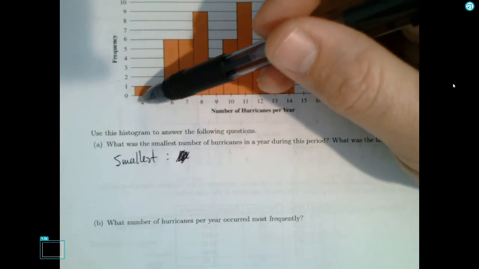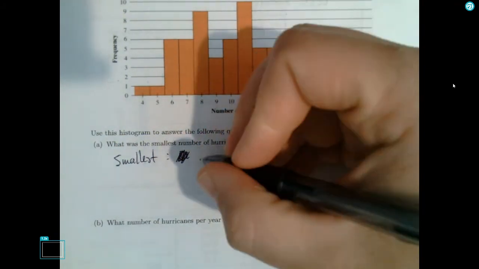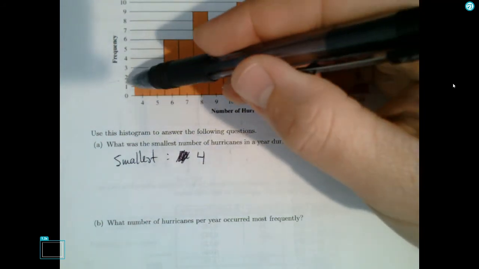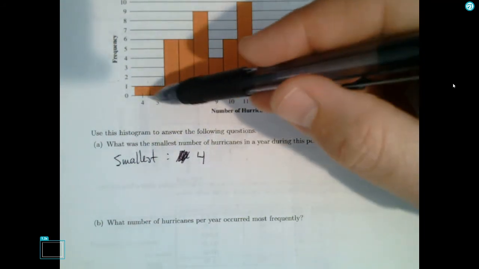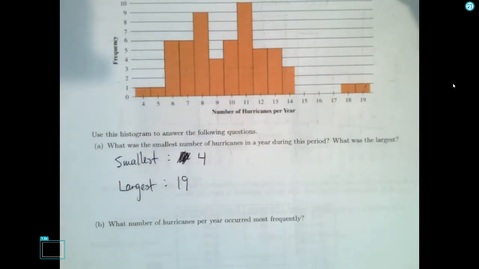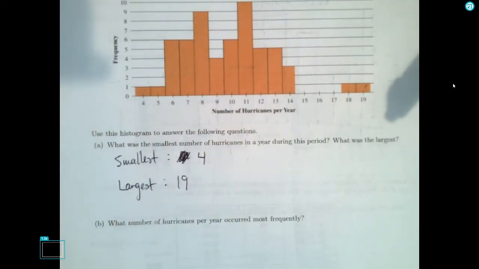It looks like 4 was the smallest number of hurricanes in a year, and that only happened once. But there was a year that only saw 4 hurricanes. Okay, what's the largest? Largest number of hurricanes? Well, that was 19, right? So there was this one year where there were 19 hurricanes. So the largest was 19.